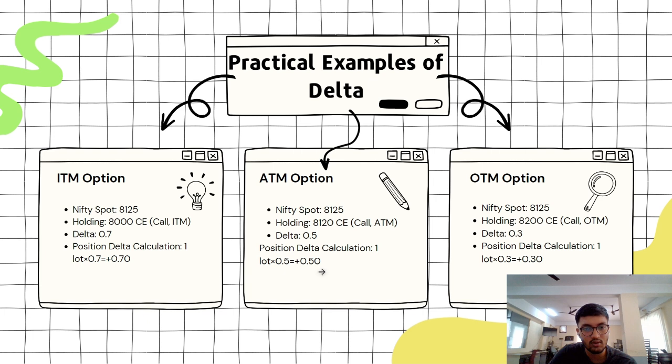We are putting all of this into perspective assuming that delta is the only Greek affecting the option premiums. But as you will broadly understand, delta is not the only Greek that is affecting it. There are multiple Greeks affecting the option premium at the same time, and in real time it is calculating the premiums.